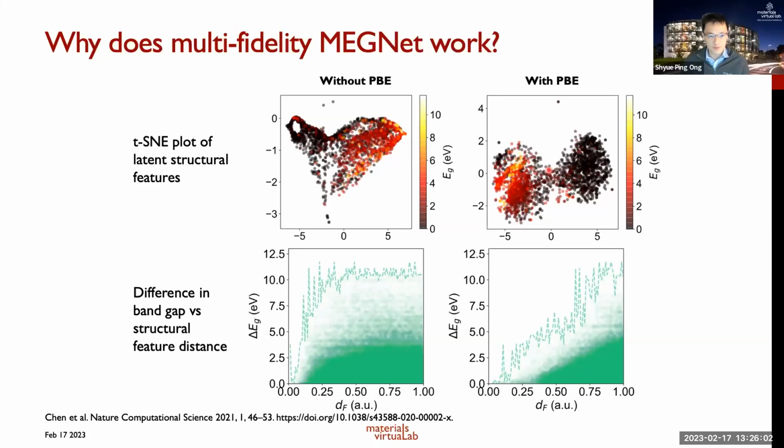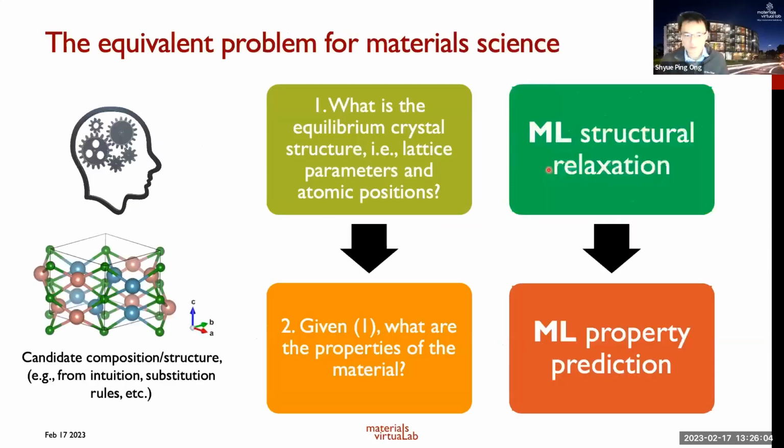All right. Now, I have talked about property prediction, and as I mentioned, historically, that has been the problem that most people in the machine learning for materials science field focus on, right? But what about that first step, which is how do we actually get the structure in the first place, right?